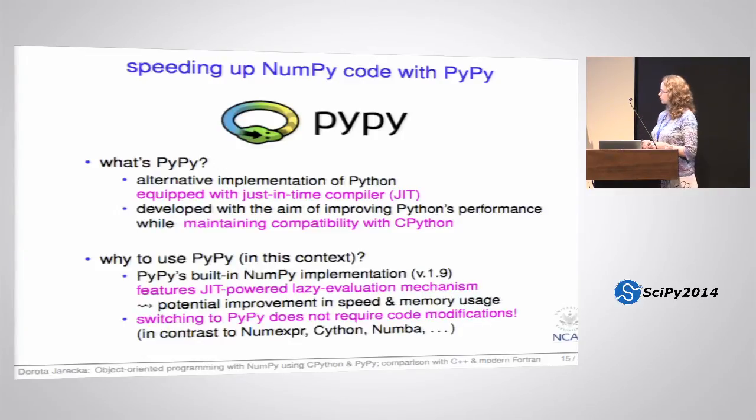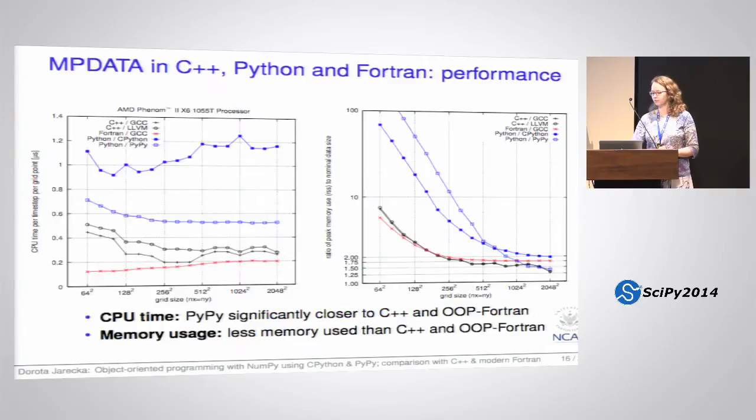Why use PyPy in this context? Mostly because in version 1.9 it had a JIT-powered lazy evaluation mechanism that can avoid having many temporaries in NumPy. And the other very important thing, because you can also think about Cython, NumPy and Numexpr, is that this was the only solution that allows you to speed up your code without almost any changes in your code.